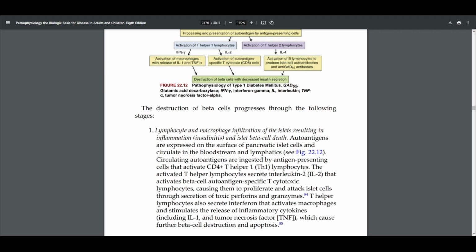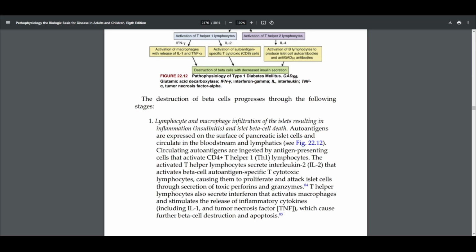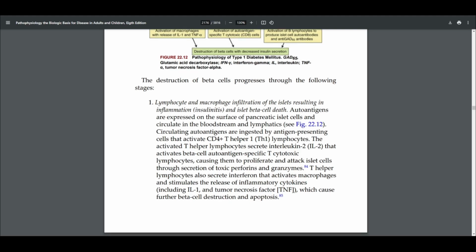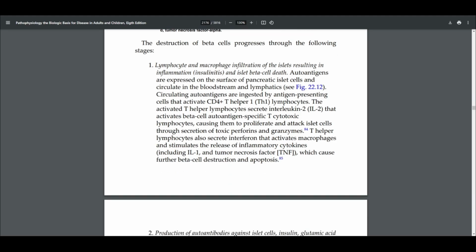T helper lymphocytes also secrete interferon that activates macrophages and stimulates the release of inflammatory cytokines, including interleukin 1 and tumor necrosis factor, which cause further beta cell destruction and apoptosis.